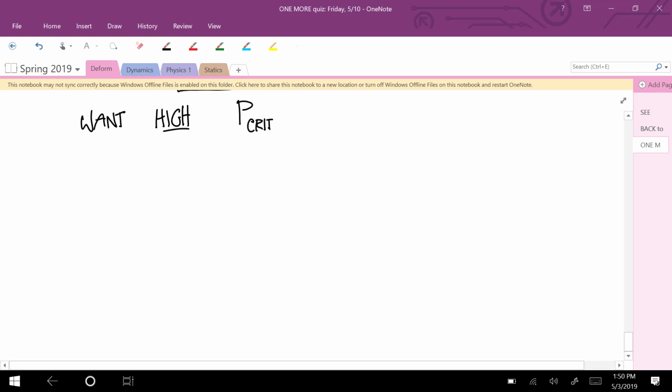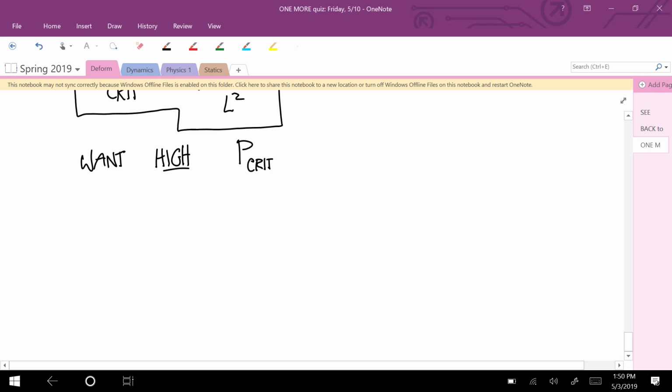So we want a high P critical. And P critical comes from a high Young's modulus, a high area moment of inertia, or a low length.